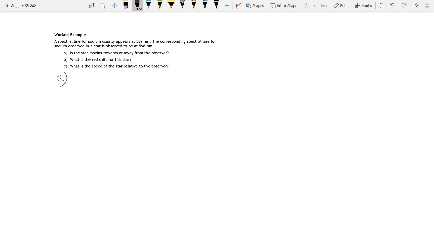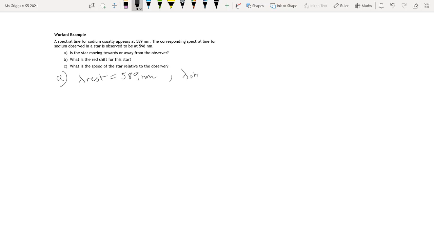So again, you want to think about that slinky. Okay, so we said that when it's at rest, when it's on Earth, it's 589 nanometers. Okay, and when it's observed, when it's moving, it's bigger, it's 598. So if the wavelength is bigger, think about the slinky. Is it coming towards you or is it moving away from you? It should be moving away from you. So the wavelength at rest is 589 nanometers.